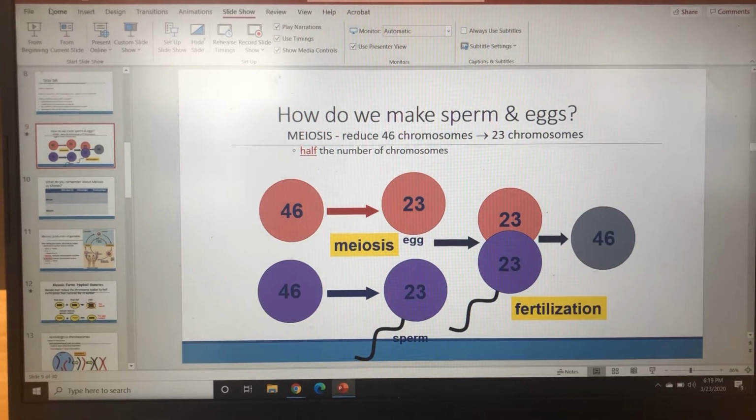All right, how do we make sperm and egg cells? Well, that's called meiosis, my friends. Now, don't get stuck on the humans. Yes, in our meiosis, we reduce the 46 chromosomes to 23. But is that the case for the cat? No. Is that the case for whatever organism we're dealing with other than humans?